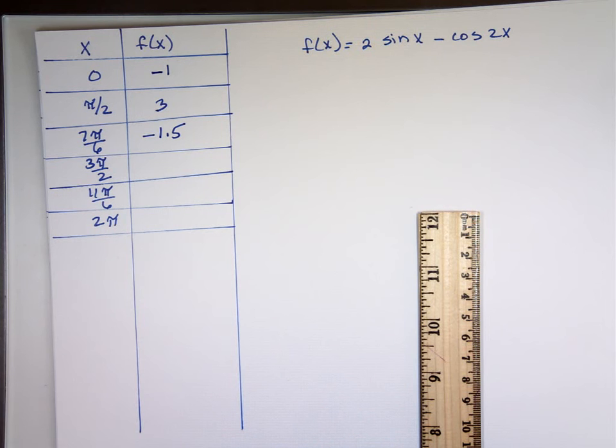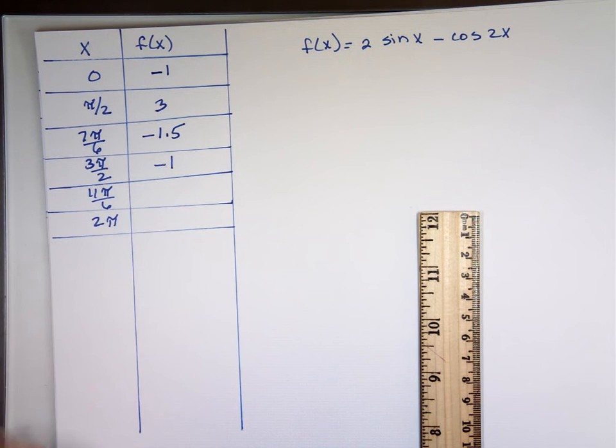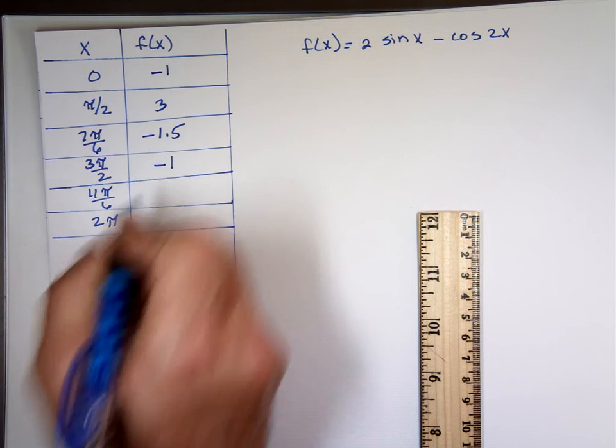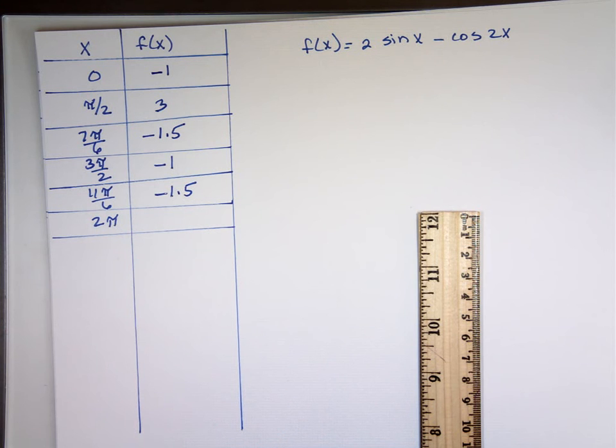I got negative 1. 11 pi divided by 6. I got a negative 1.5. And the 2 pi, get a minus 1.